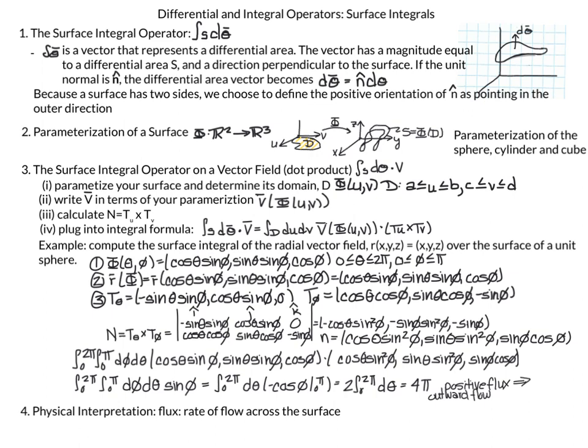To review what we've discussed, first we talked about the surface integral operator, and that is this integral over a surface of d sigma. We talked about the surface having an orientation, and for a closed surface, the positive orientation is going out of the surface. And then we also talked about when we don't have a closed surface, in other words, something that doesn't have an interior, something like this surface here.